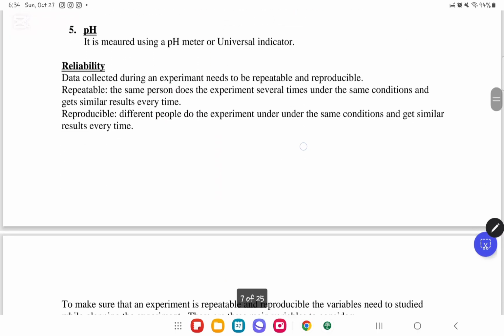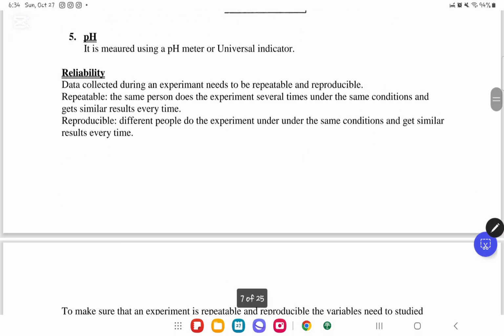Now, of course, when doing an experiment, you have to be really reliable, because if you make any error, the whole experiment is wrong. They told us data collected during an experiment needs to be repeatable, meaning if another scientist does the same experiment, they will get the same result. And reproducible, same thing as repeatable. Actually, no, they defined what repeatable and reproducible mean.